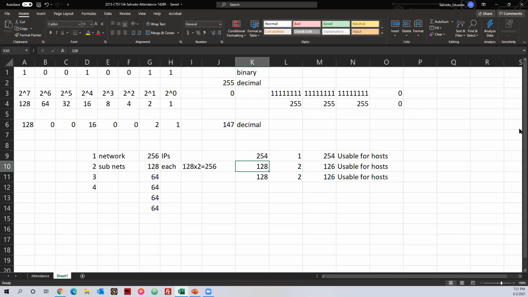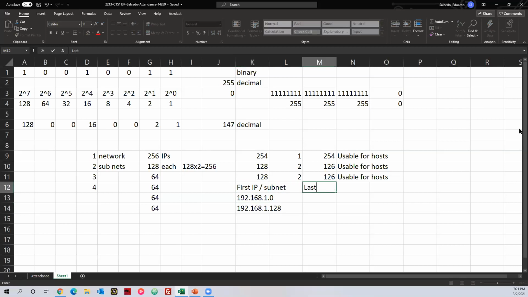When you subdivide it into 2, you cannot use the first one, which will be this one, and you can also not use this one. These are the first IP per subnet, and the last IP per subnet would be what?